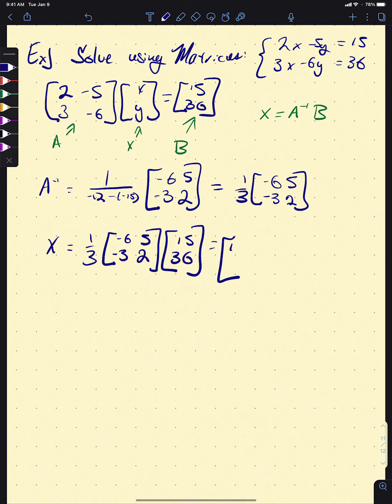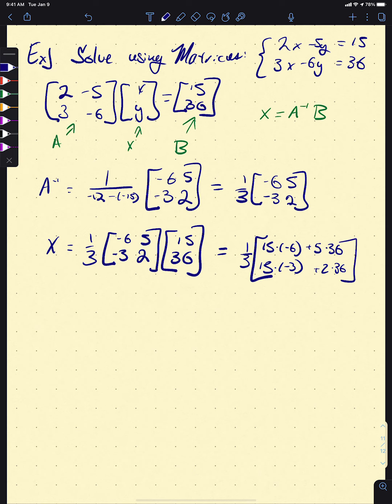Well, we're going to have 15 times -6 plus 5 times 36, right? All this is multiplied by 1/3. I guess I'll give us some more room. We have 1/3, okay, times that. And then we're going to have, it looks like, 15 times -3 plus 2 times 36, right?